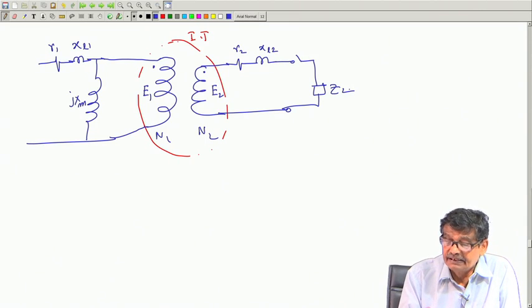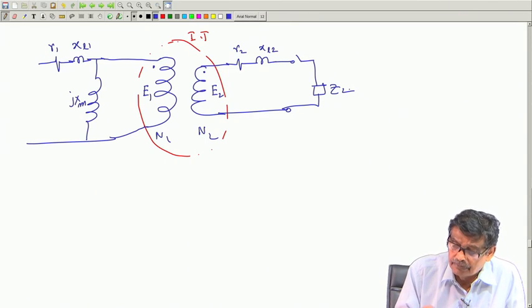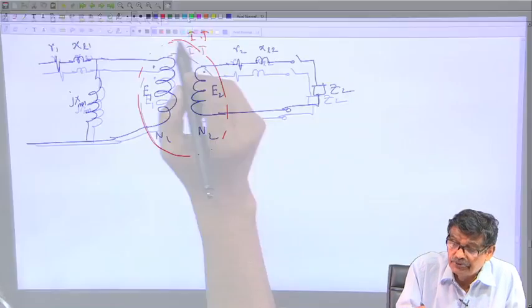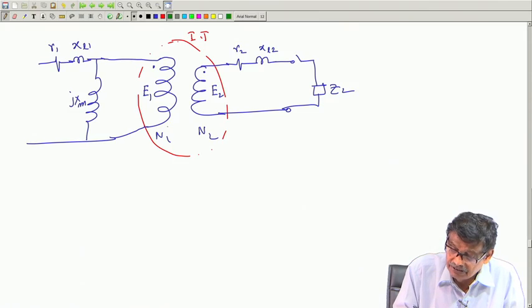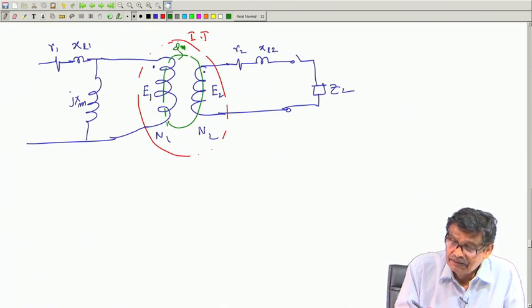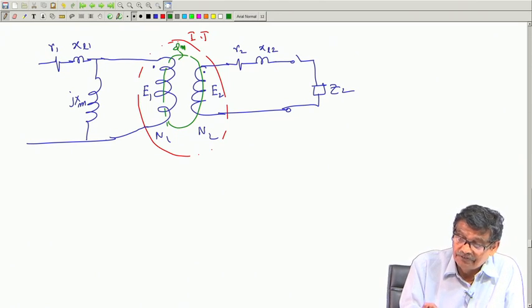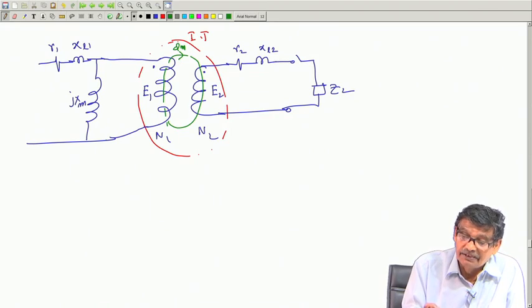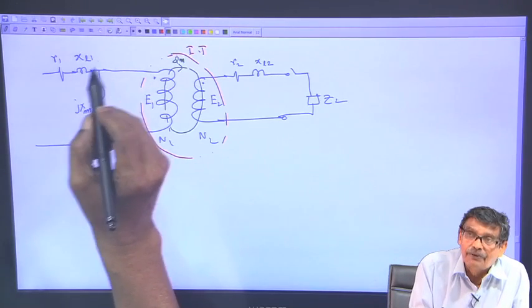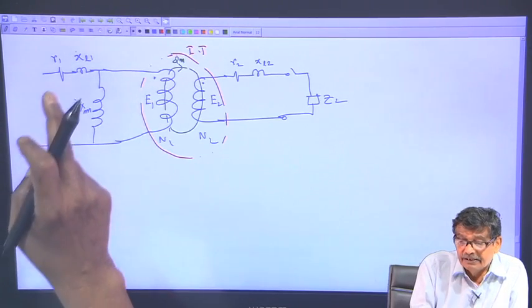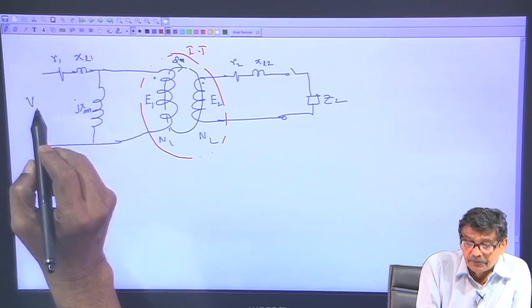Therefore, this is the ideal transformer, here all the fluxes are mutual, mind you. Here is phi m, the mutual flux, plus phi L1, the leakage flux of N1; d phi L1 by dt is shown as a drop here, because this is your supply voltage.